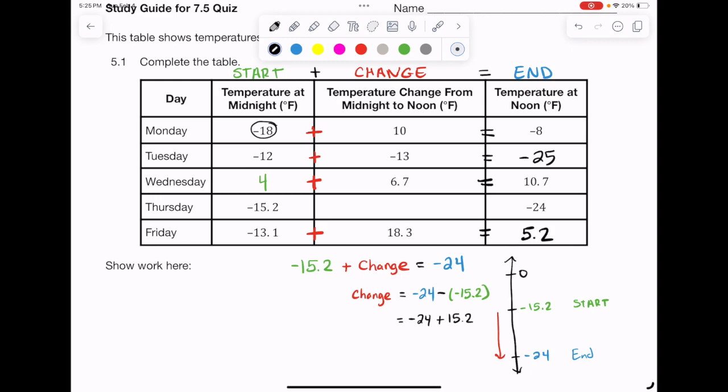So you get negative 24 plus 15.2. And now we're adding a positive number and a negative number. When you're adding one positive and one negative number, you can get the answer by subtracting the two numbers' absolute values. So we're going to have 24.0 minus 15.2.